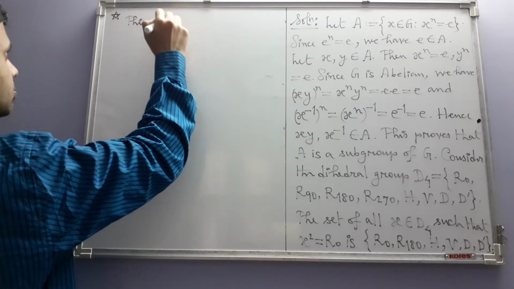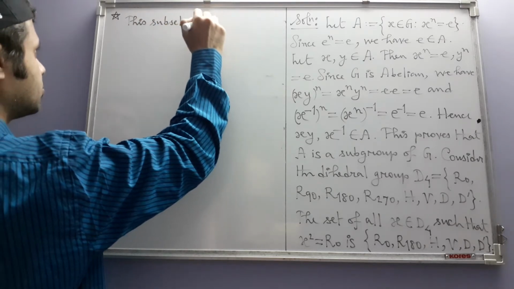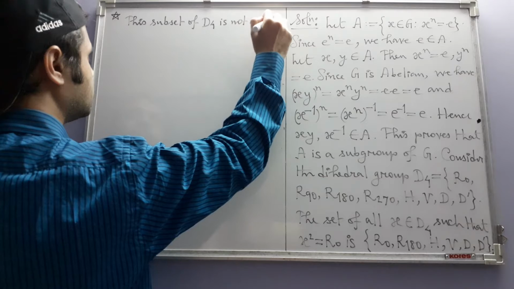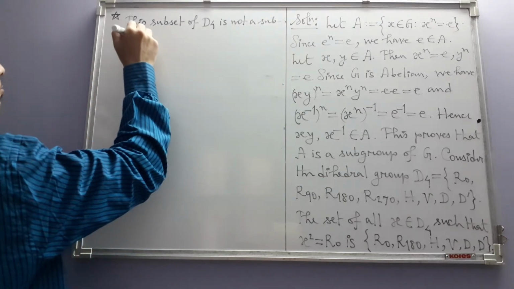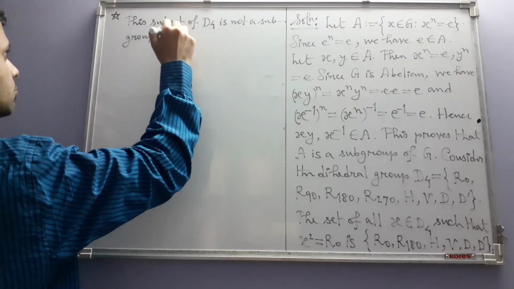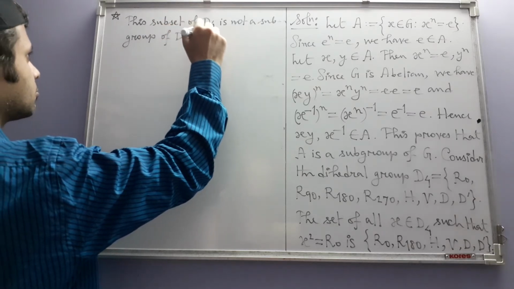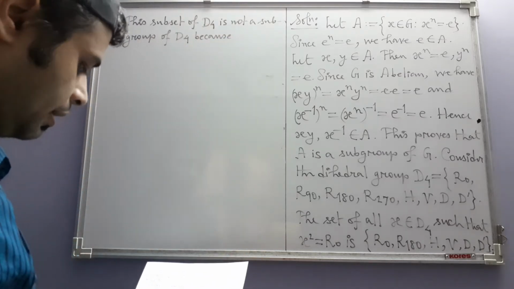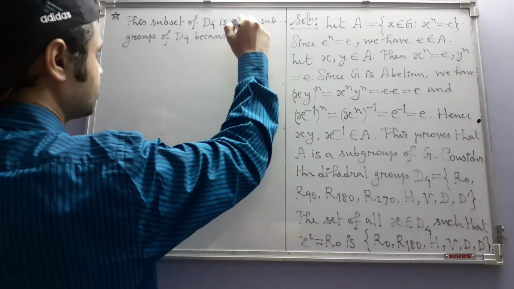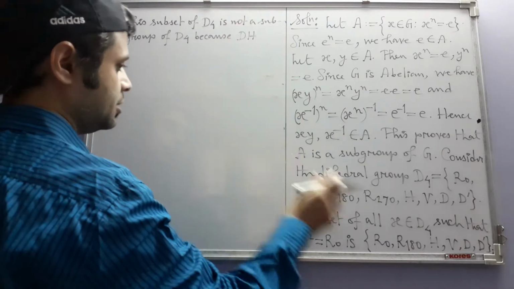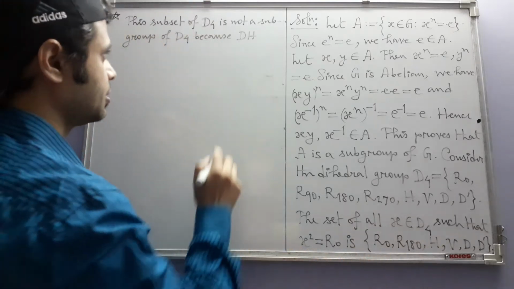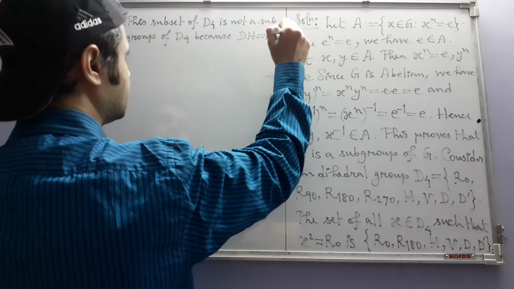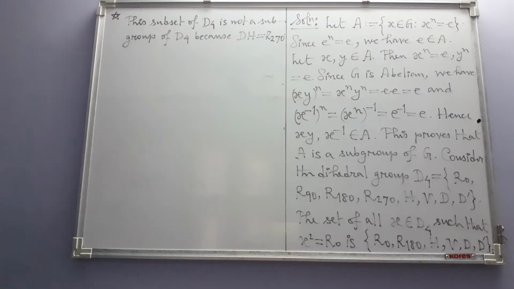This subset of D4 is not a subgroup of D4, because if we take the product of these two particular elements D and H of this subset, both D and H are in this subset, but this product turns out to be the rotation R270, which is not there in the subset.